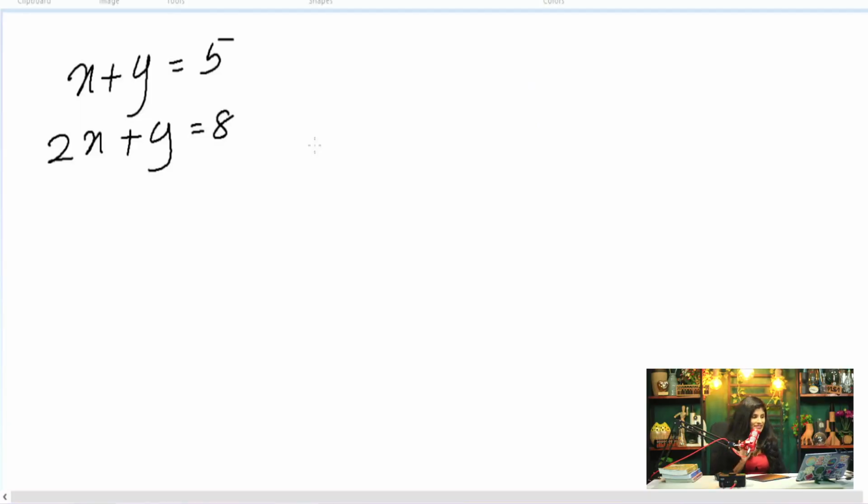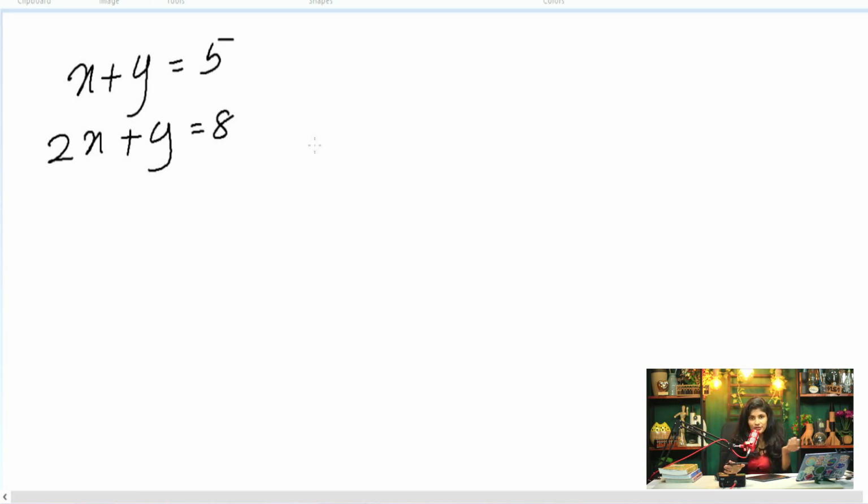So, my first question is x plus y equals 5 and 2x plus y equals 8. In simultaneous equations, what you basically have to do is, you have two equations and you have to simplify those two equations to find two unknown terms. In the linear equations part which we discussed earlier, there was only one unknown term per question.